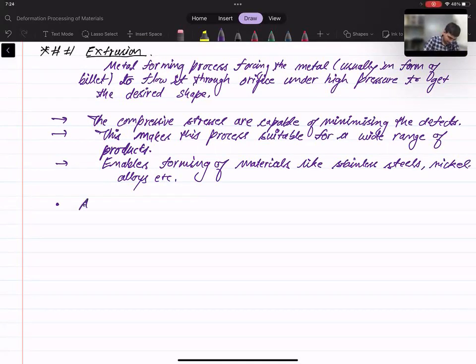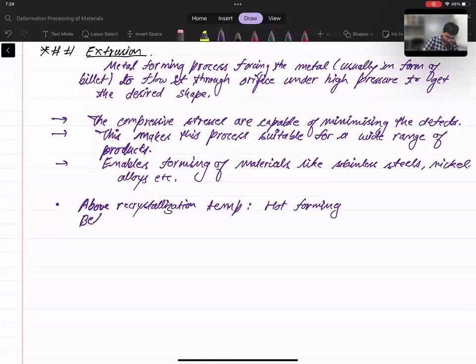So above the recrystallization temperature, the process is hot forming, and below the recrystallization temperature, this will be cold forming.